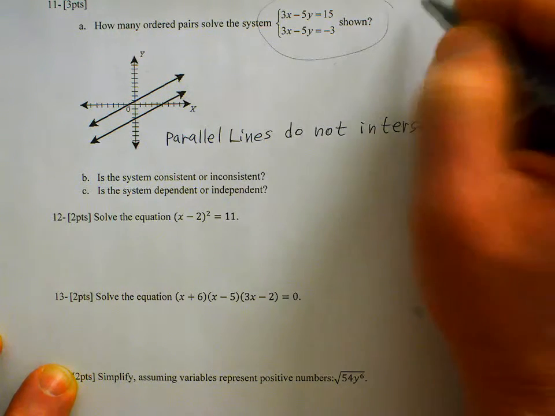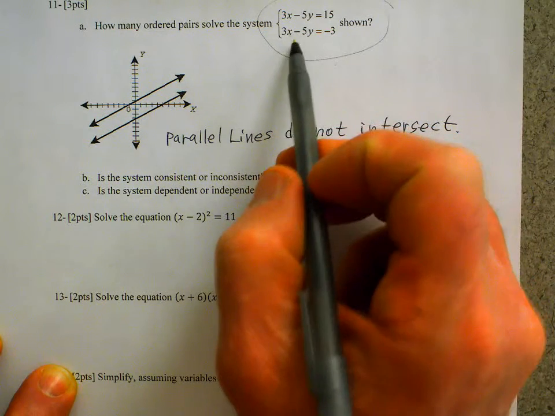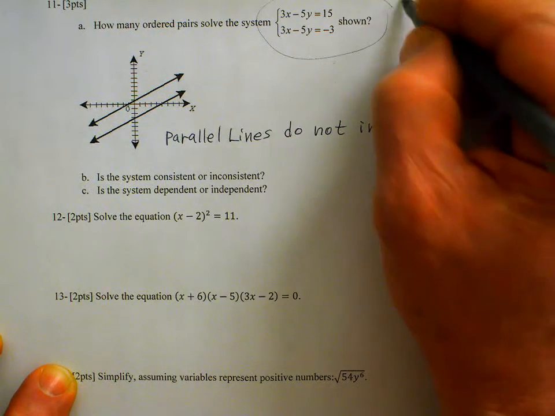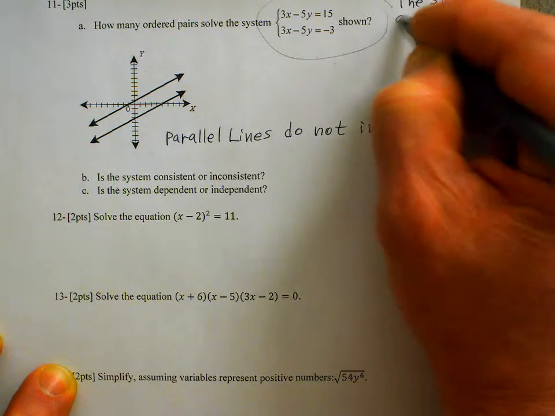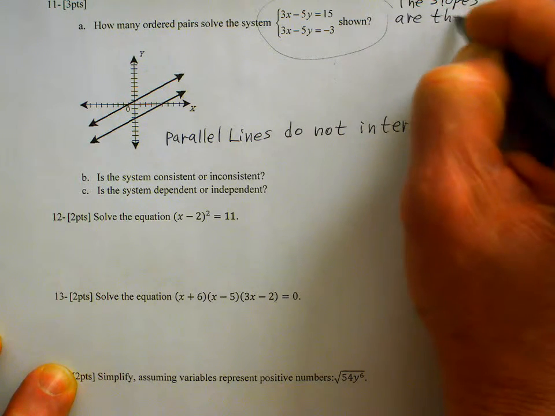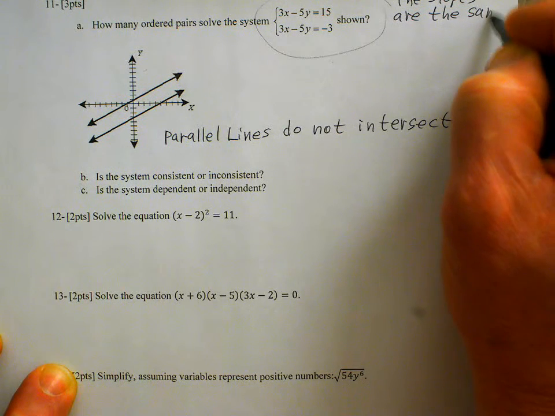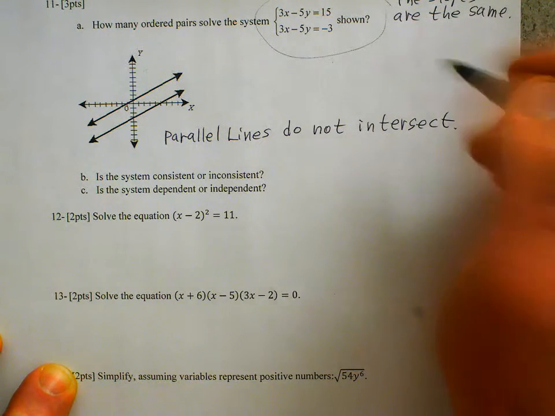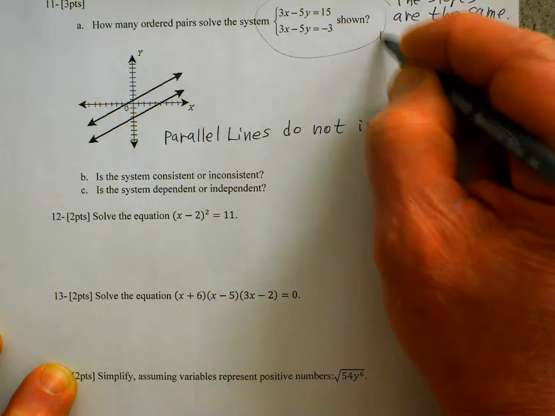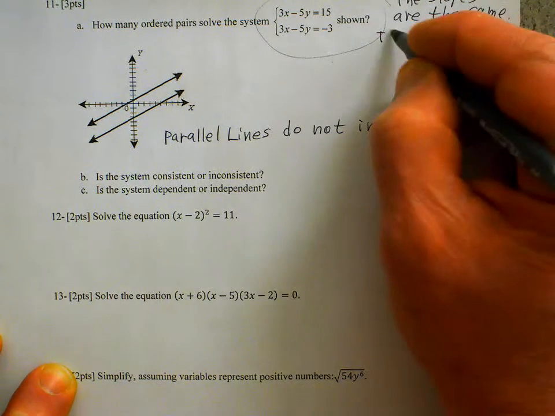So you can easily find the slope of each of the lines. The slopes are the same. But another important point is that the y-intercepts are different. The two lines do not intersect.